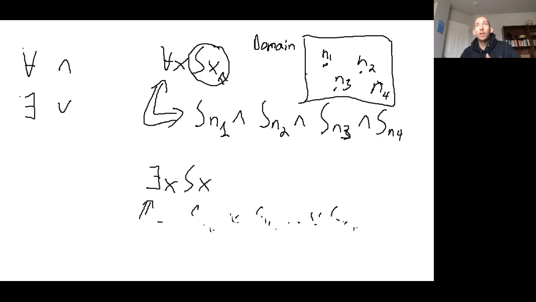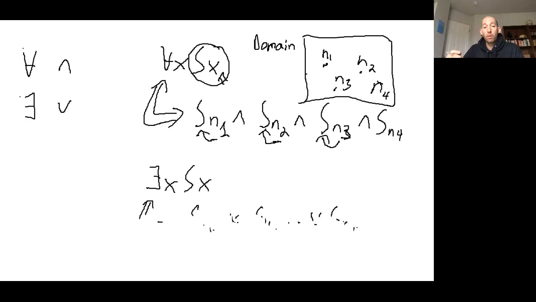Why? Well, if we think about the meanings of these quantifiers, the universal quantifier is saying that every object in the domain satisfies that. So that means that n1 has to be an S, and n2 has to be an S, and n3 has to be an S, and so forth, until you've gone through the entirety of the domain.